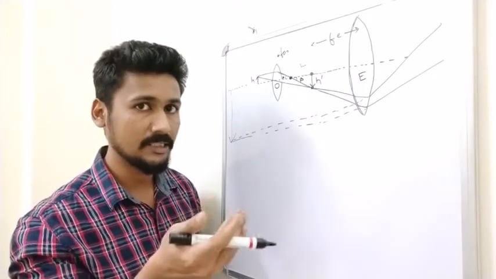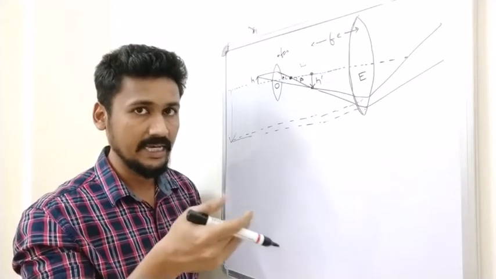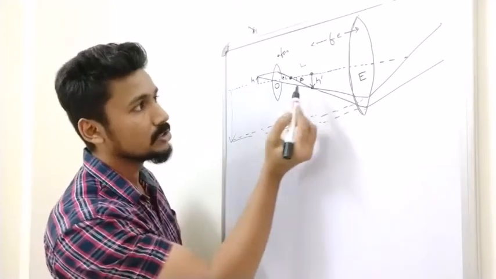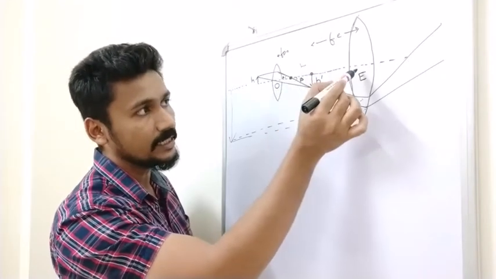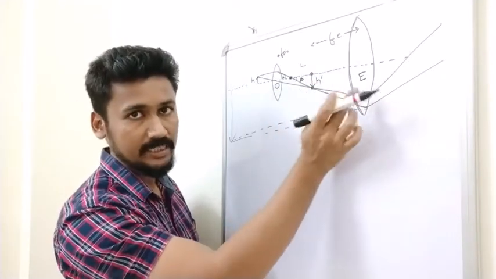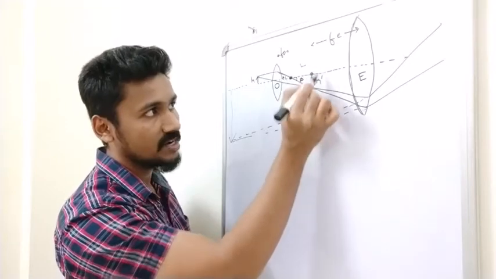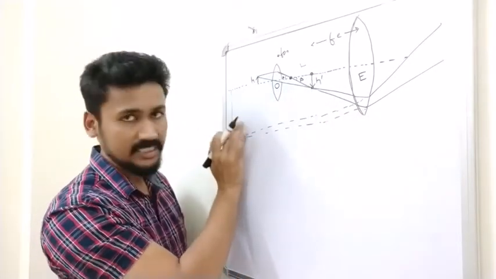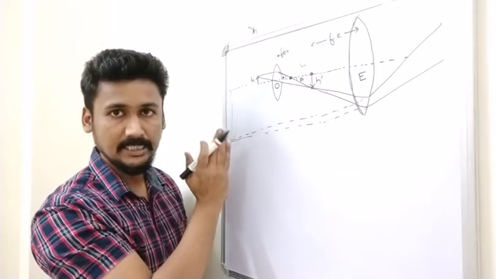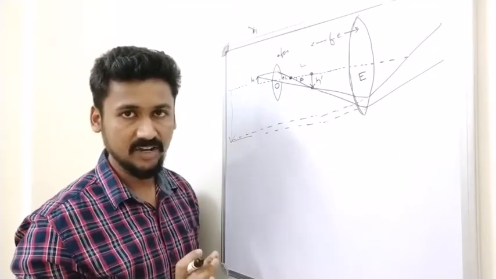If the image is at a distance of 25 centimeters from your eyes, we are able to see it properly. So we try to form the image from the objective between the focal point and the optical center of the eyepiece lens, and we get the final image at a distance of capital D, which is 25 centimeters.